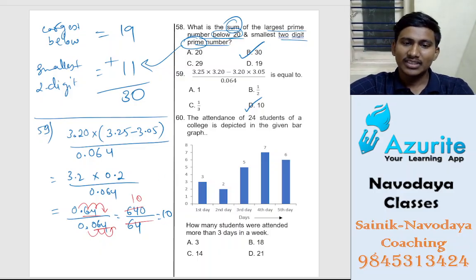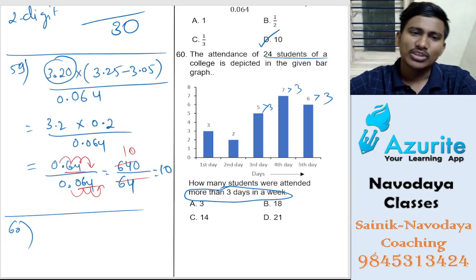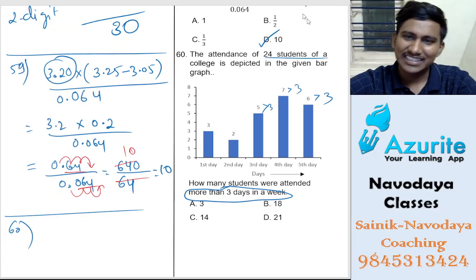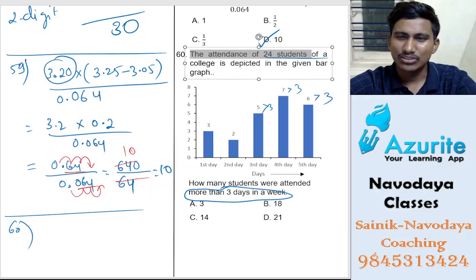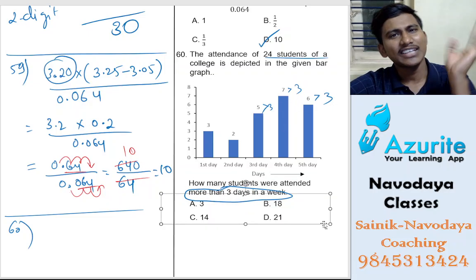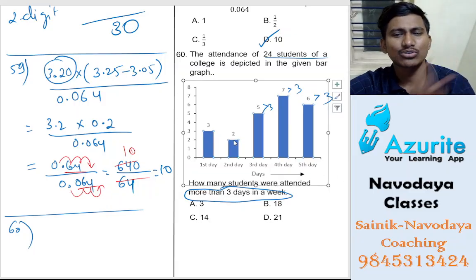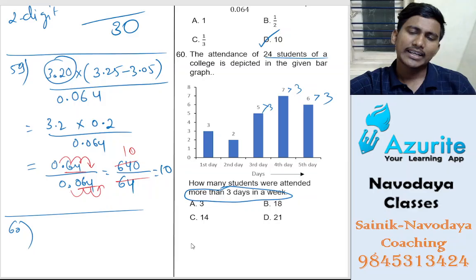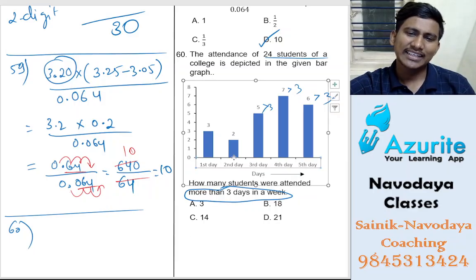Understood? So now students, question 60 is a grace, that is actually a very ambiguous question. They are asking how many students attended more than 3 days in a week. So more than 3 days is 573. Then the same student can have attended here also for 2 days, right?